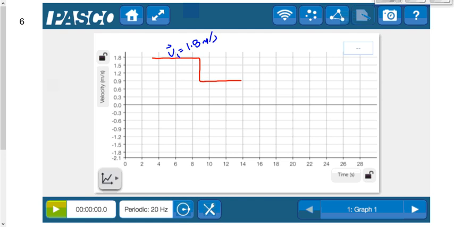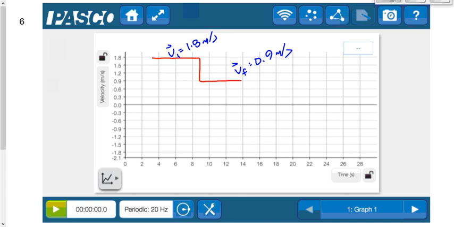You can see that the initial velocity was about 1.8. Then the collision happened, and what happened after the collision? Well, everything slowed down. Same momentum, but more mass. So my final velocity, in this case, would be about 0.9 meters per second. Just write those two numbers down. VI for trial 1, 1.8. VF for trial 1, 0.9.